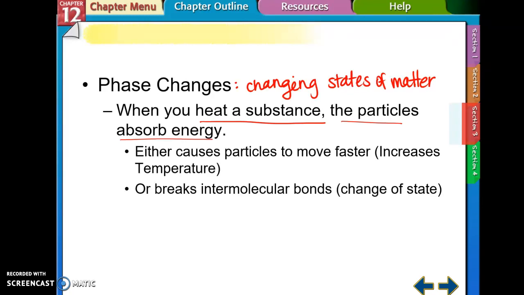So the two things that happen is you increase the temperature, and that is just particles moving faster, or you're going to break intermolecular bonds between two different molecules or atoms, and that changes the state. So when you take an ice cube and you add energy and you heat it so it melts, that is breaking intermolecular bonds. When you increase the temperature, that's just it getting to where it could change state.